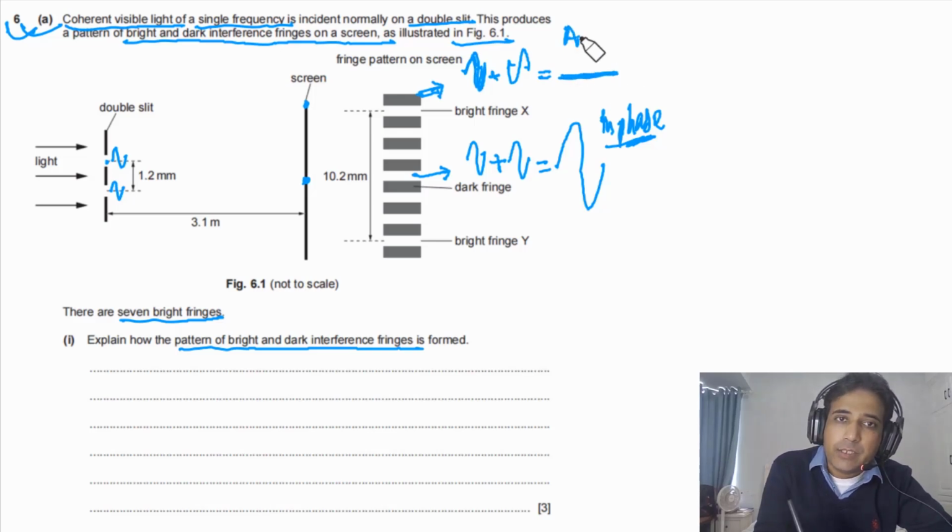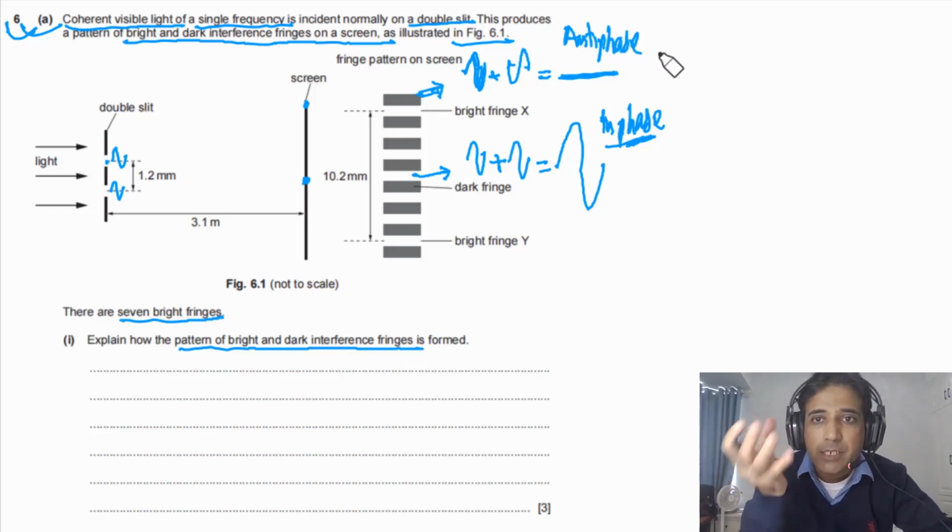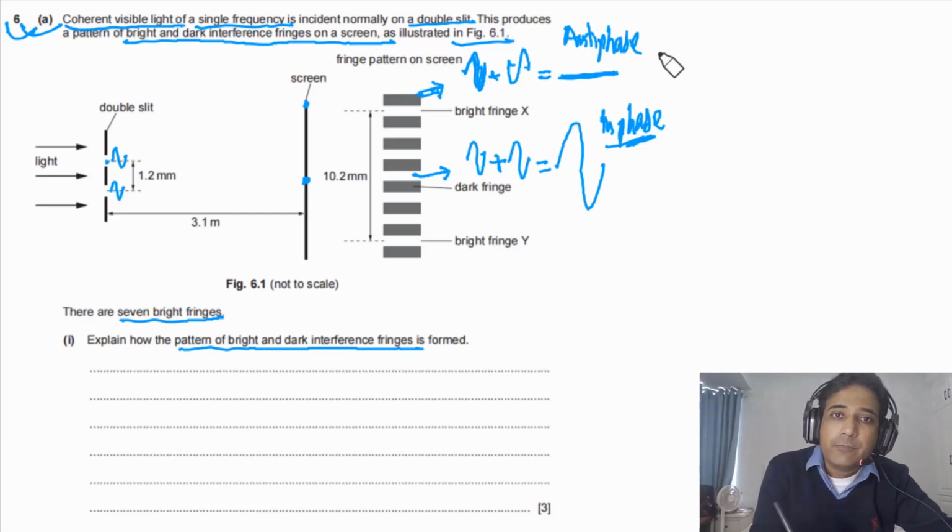So this is when they are anti-phase on the screen. These are the points you need to understand to answer this question. Anti-phase also means the phase difference is 180 degrees, and in phase means that the phase difference between the waves when they meet on the screen is equal to 0 degrees.